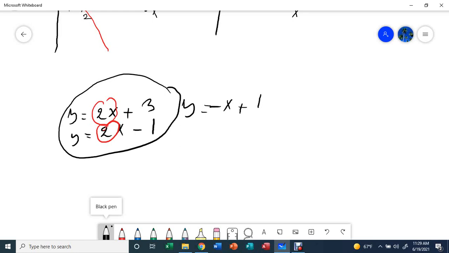We know 2 lines are parallel if they have the same slope. So the slope of this line is negative 1.